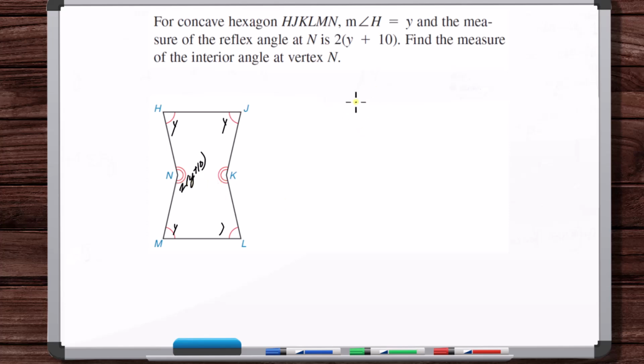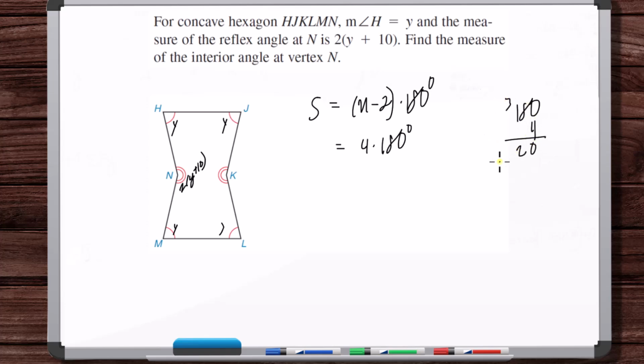Okay, this is a hexagon, so the sum of the interior angles is going to be 6 minus 2 is 4, 4 times 180 is 720. With that, we've got y plus y plus y plus y is 4y.